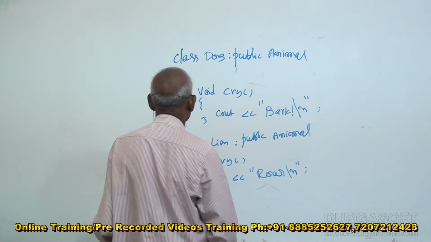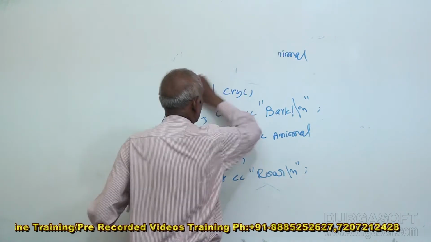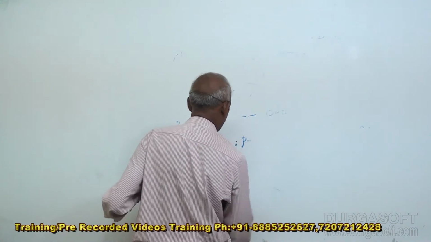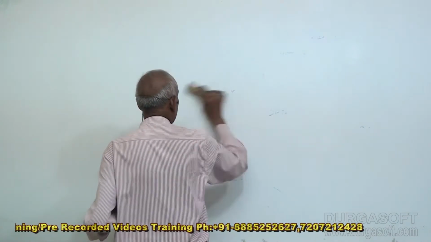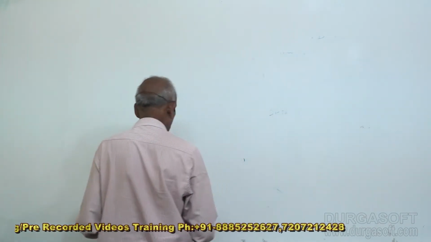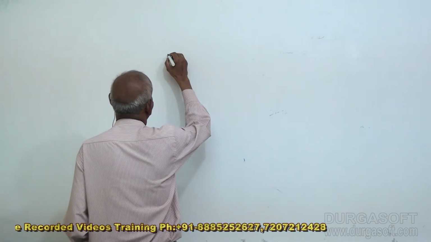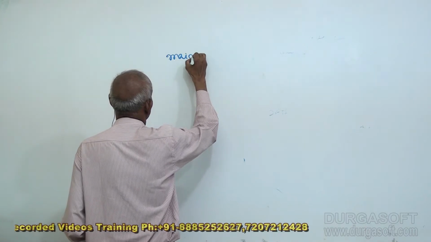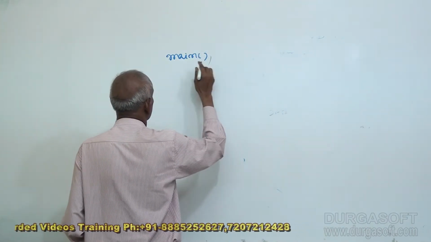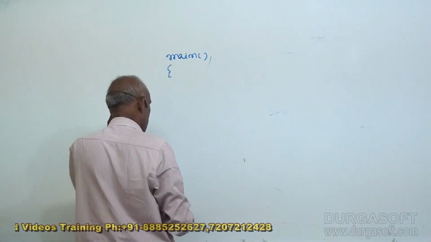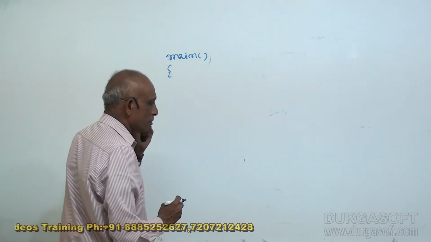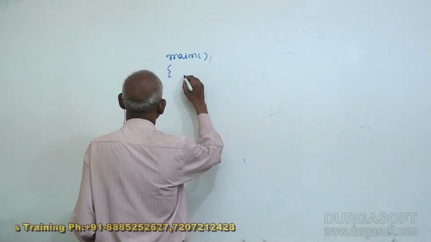Now how do you use these two? Let's go to the main function. Let's create objects of Dog and Lion.